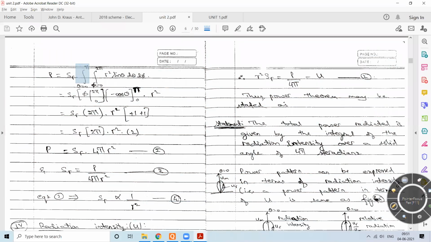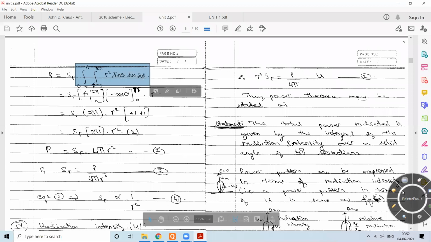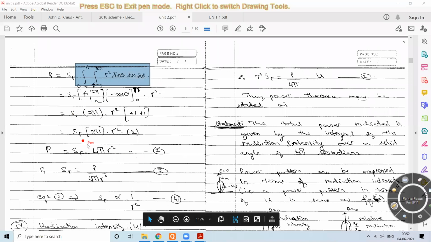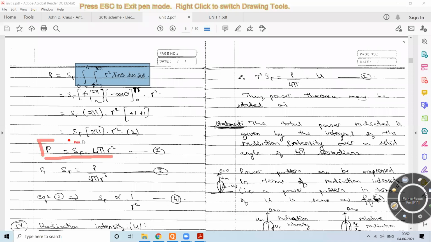So if you simplify this integration, you will end up with P equal to SR into 4 pi r square. So this will be the value when you consider an isotropic antenna.